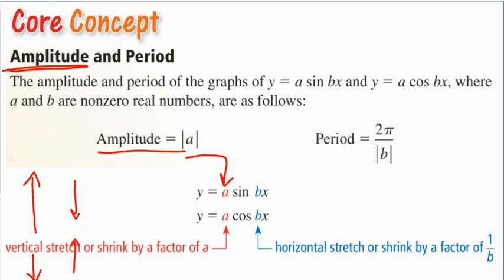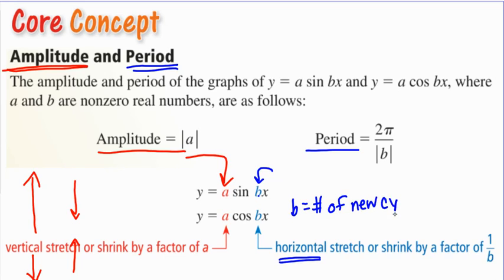The period, on the other hand, talks about the horizontal stretch, and that's actually multiplied inside of your function with your x. Okay, that's your period. And basically what this is talking about, b itself represents the number of new cycles happening in 0 to 2 pi, okay?